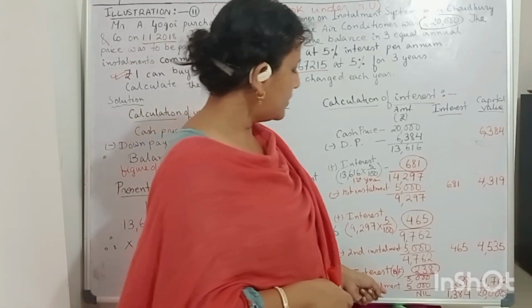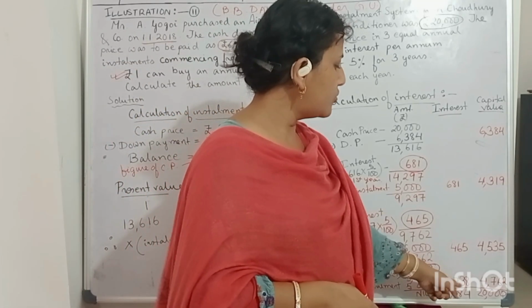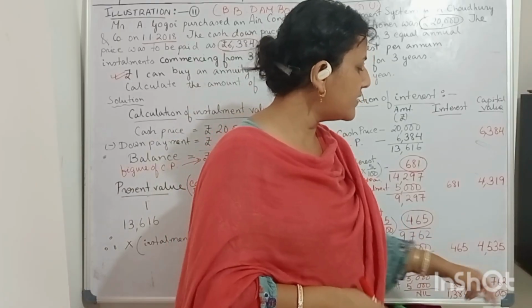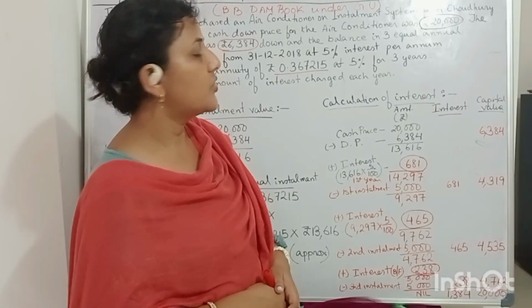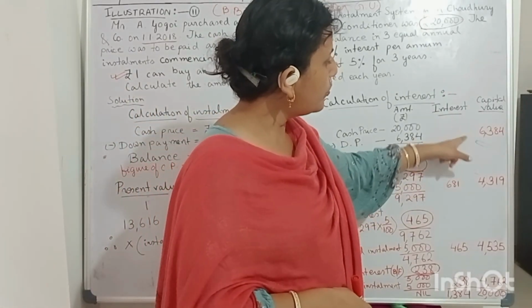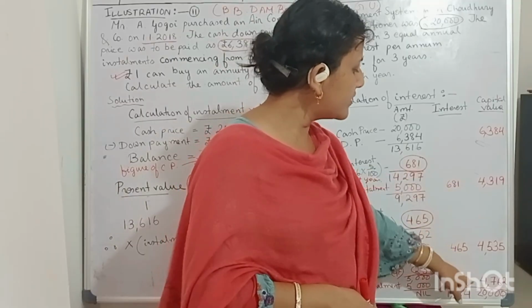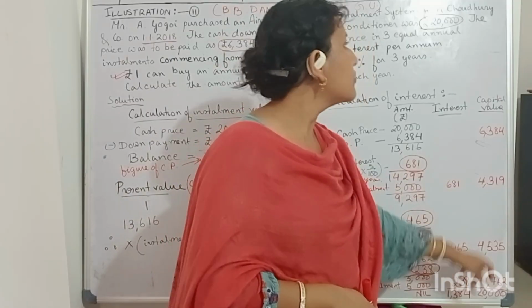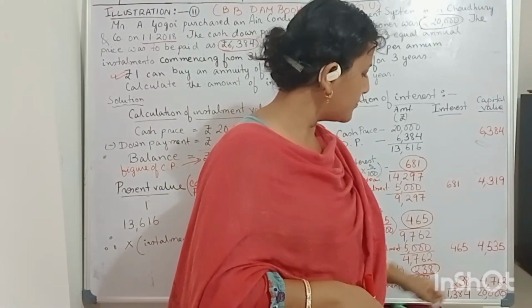Then again from the third installment, that is 5,000, you deduct the amount of interest, you will get 4762. So capital value means what? The cash price of the asset. So you add up all this down payment plus these figures, you will get 20,000, which is the cash price of the asset, that is 20,000.